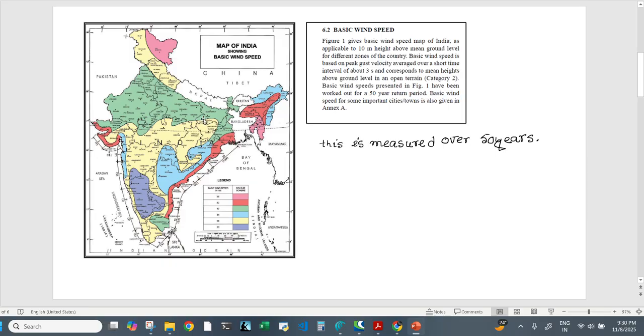This is the graph, and for less than 10 meters, we will discuss in later chapters.